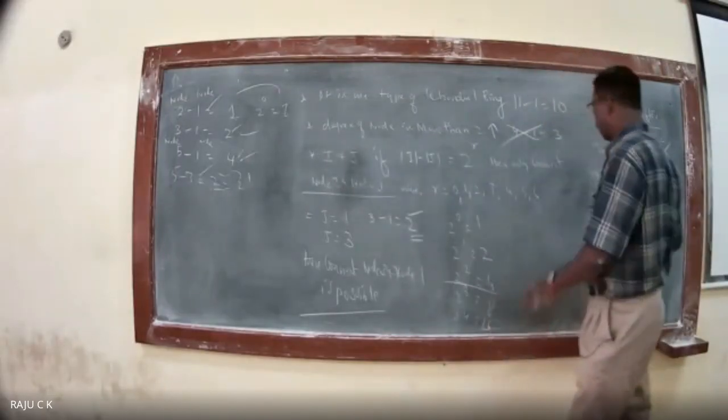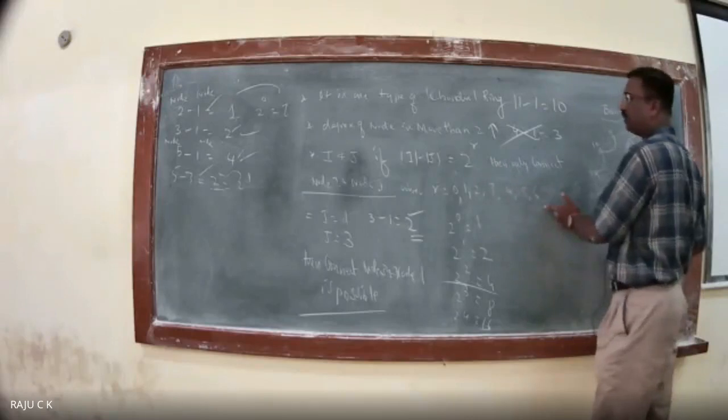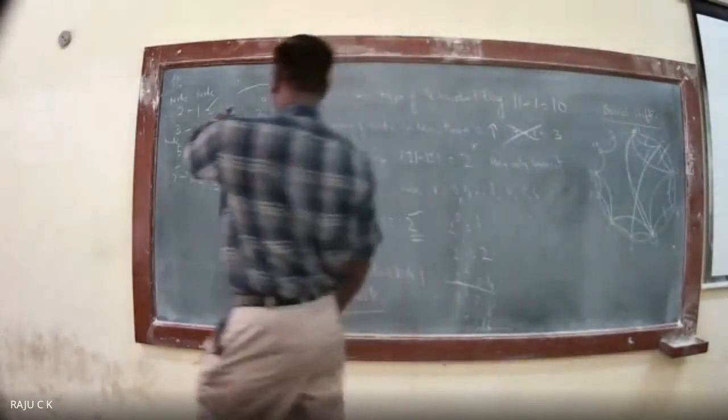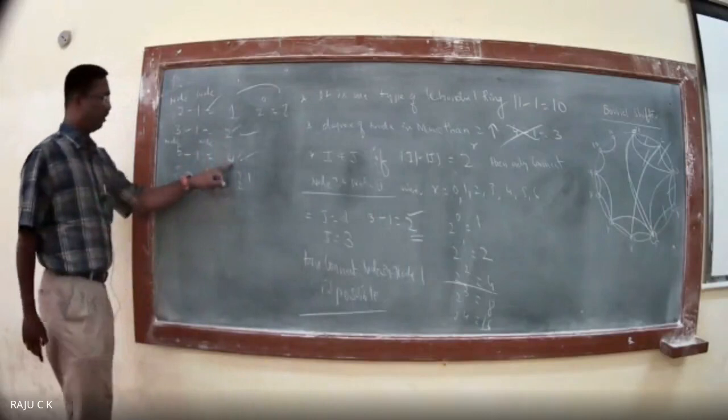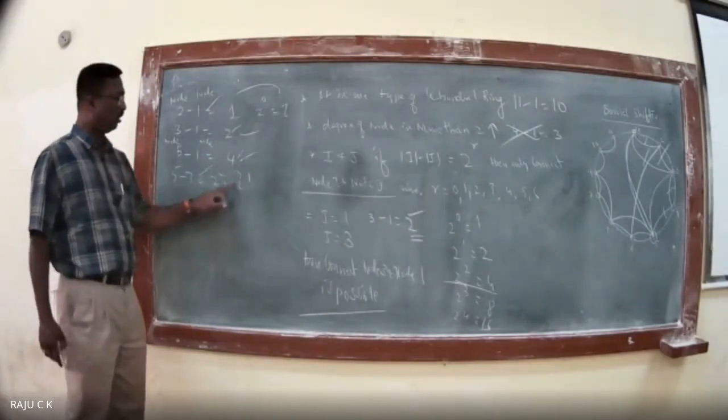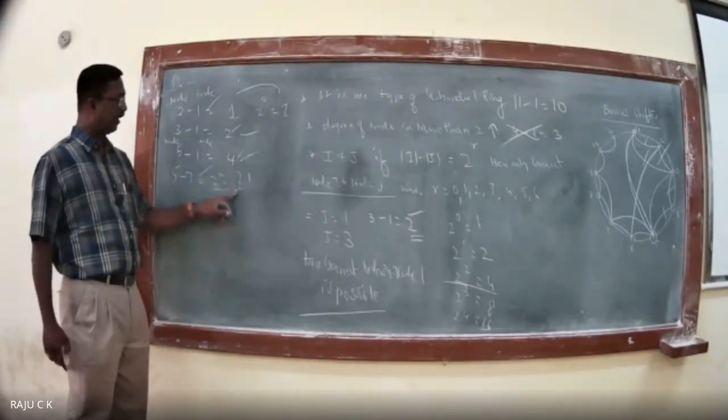Here I am using nodes 1, 2, 3, 4, 5, 6. Then 1, 2, 4, and the next point 8 can be possible.